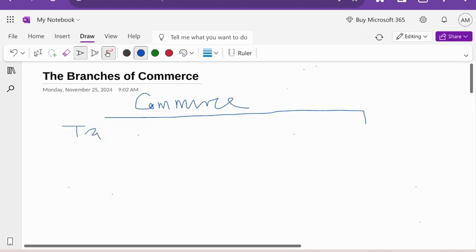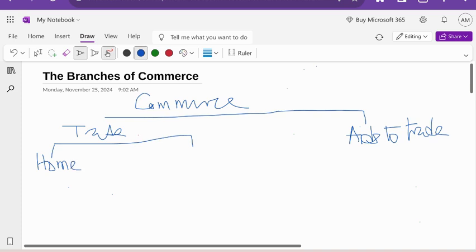trade and aids to trade. Now, there are two types of trade. We have home trade and we have foreign trade.